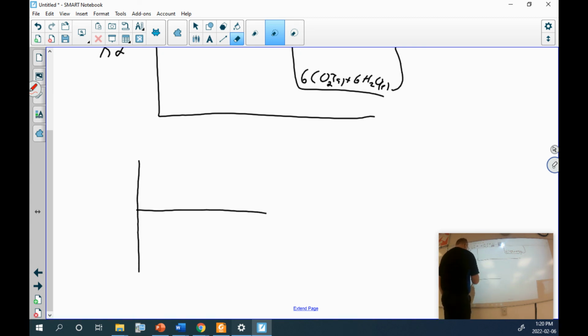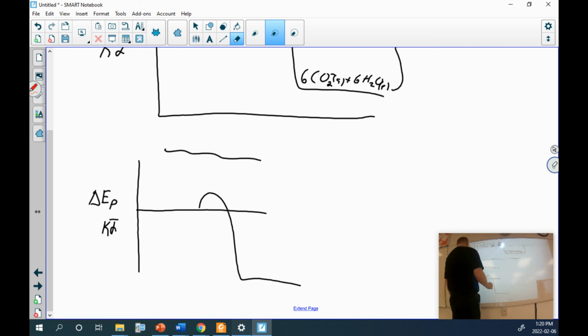Another way would be this. I'm being a little lazy. Name delta EP in kilojoules. I would have my reactants here, my products down here, and this would be 0.